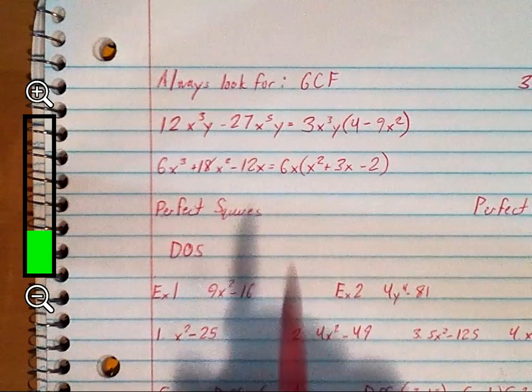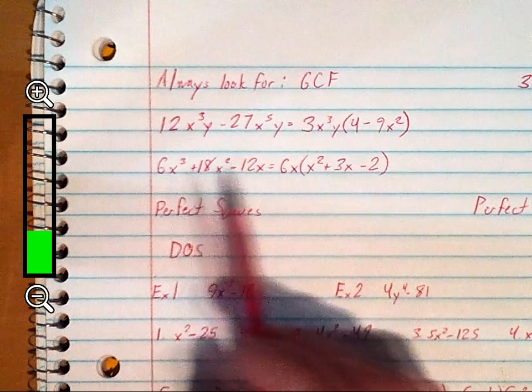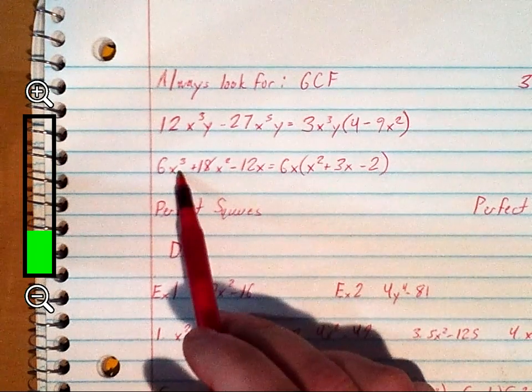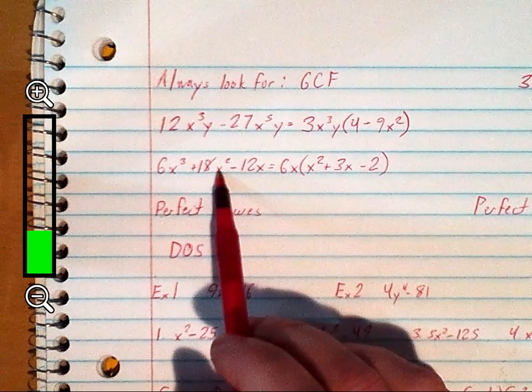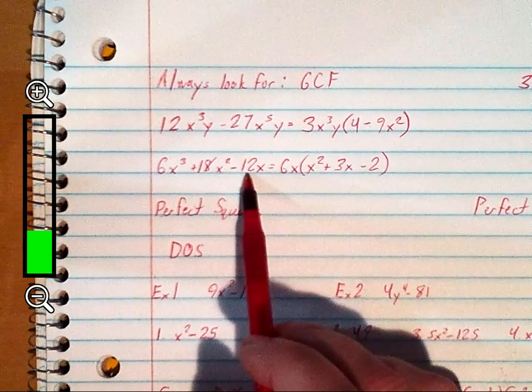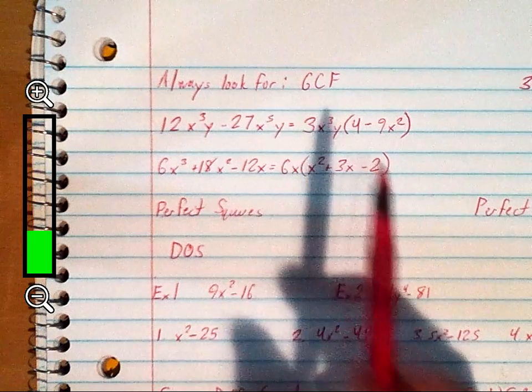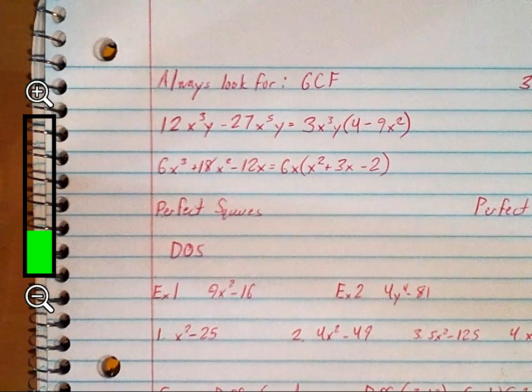Because if we pull a 6x out of 6x to the third, it leaves me with x squared, 18 becomes 3, x squared becomes x, and 12 becomes 2, and then the x goes away.